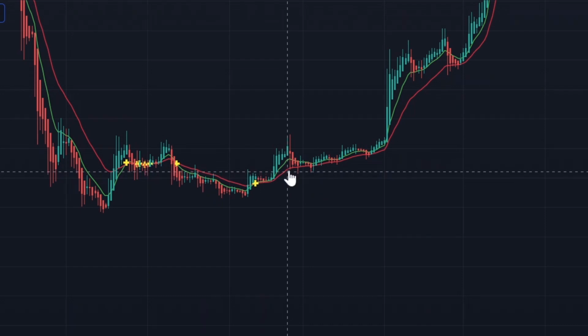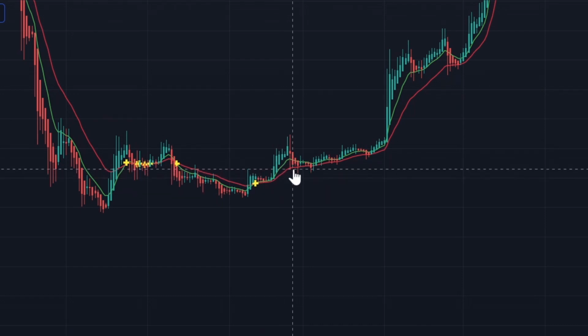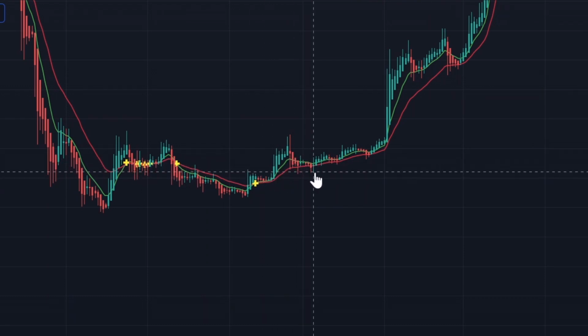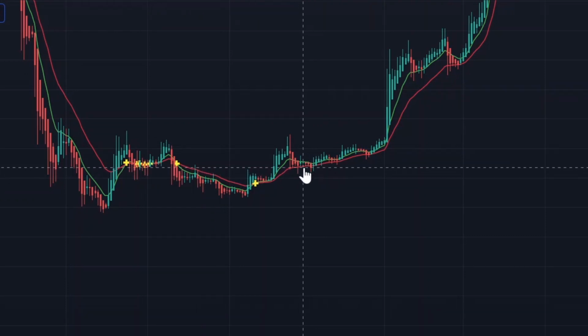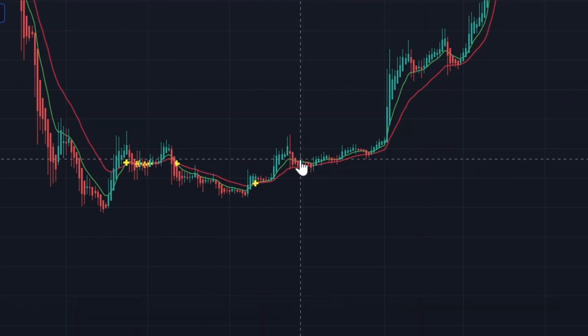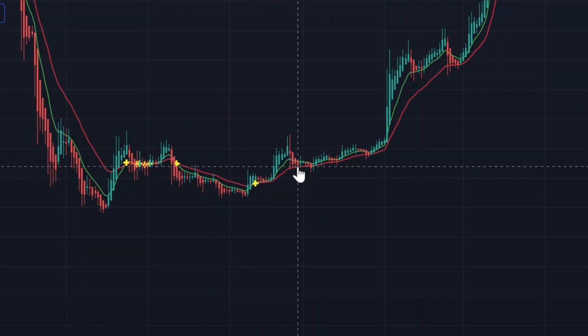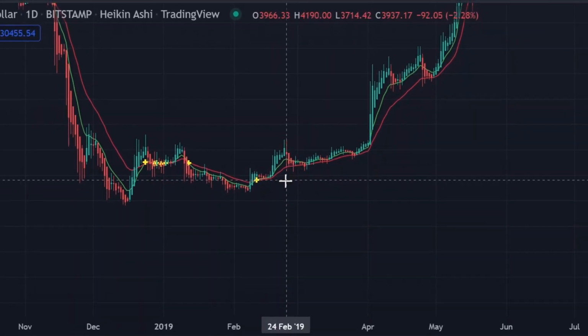And then you enter again with the next candle of your color if a cross hasn't showed up yet. Take a look. We are in a long trade, so we exit in the first red candle and re-enter in the first green candle after the red candles. You do this until the next cross appears.